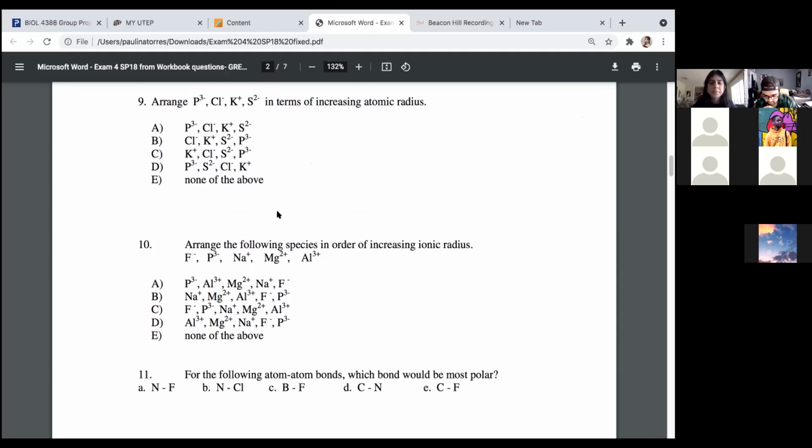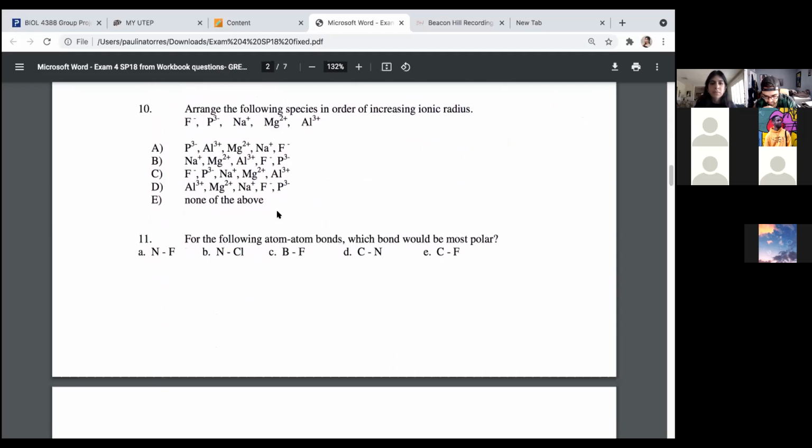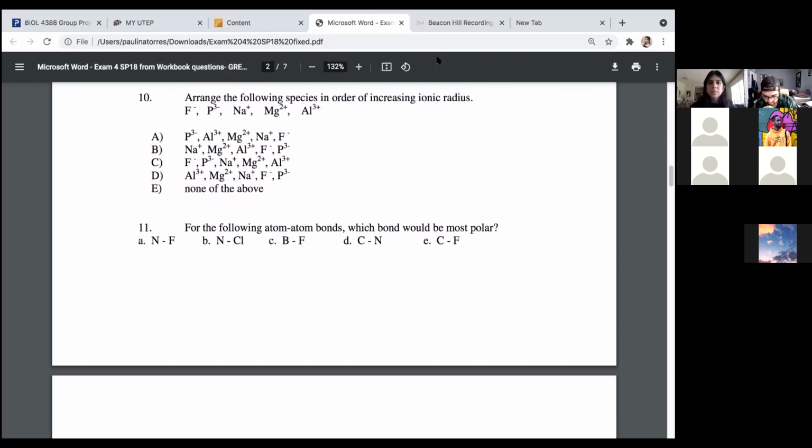All right. So this one says, arrange the following species in order of increasing ionic radius. Okay, so don't get tripped up by this. It's the same thing as atomic radius. You're just working with ions, so sometimes he'll write that. So I'm going to do the same thing here.